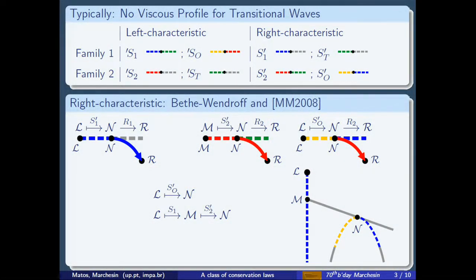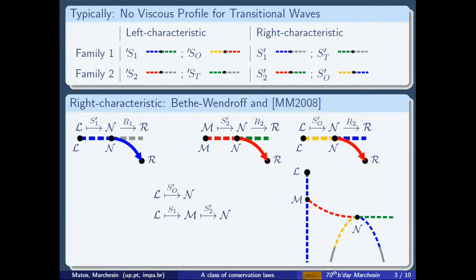But by a simple law, the triple shock law, we know that this shock is also a characteristic shock, a right characteristic 2-shock, so this is not a good representation of the Hugoniot curve, since this Hugoniot curve that starts at M must also be tangent to the characteristic field. So we have this configuration.